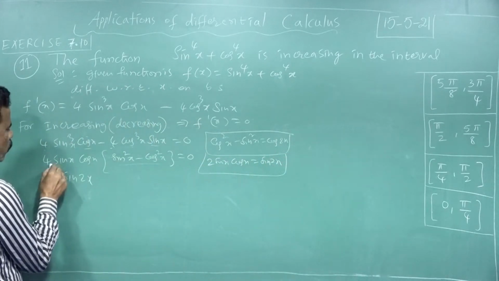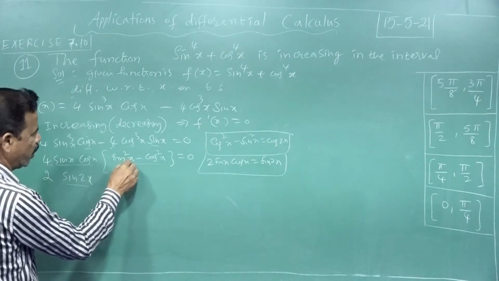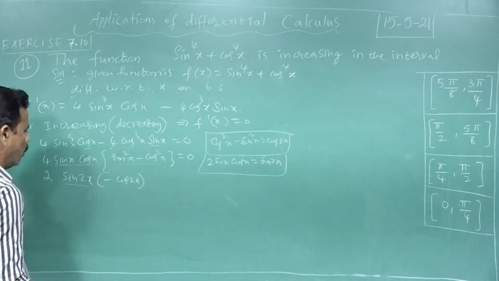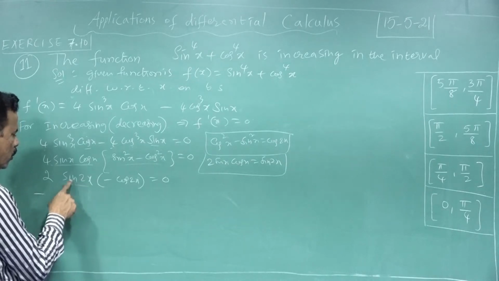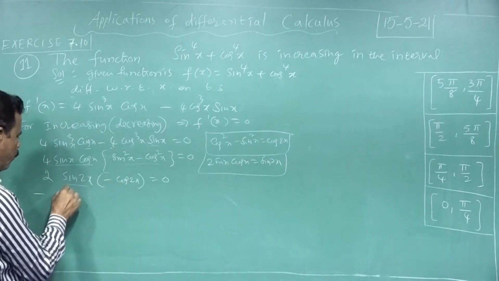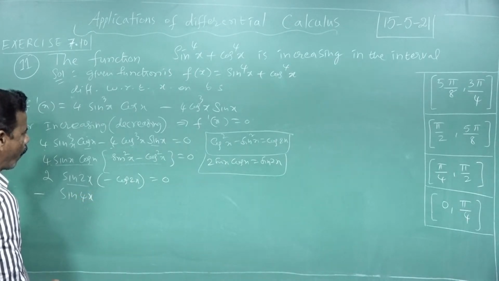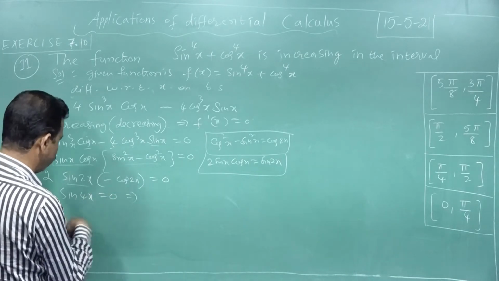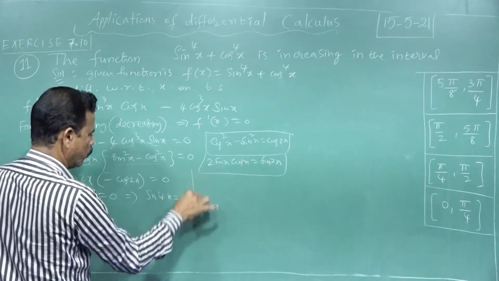So this becomes minus sin 2x cos 2x, which is minus sin 4x over 2. So sin 4x equals 0.